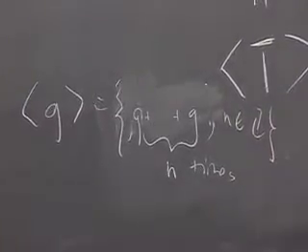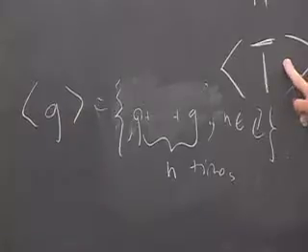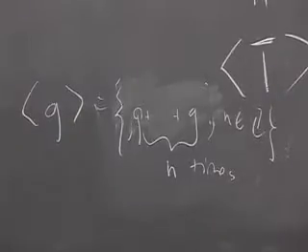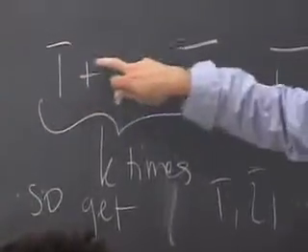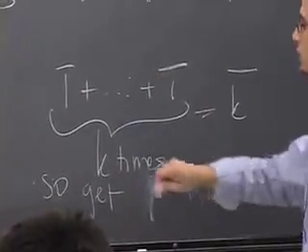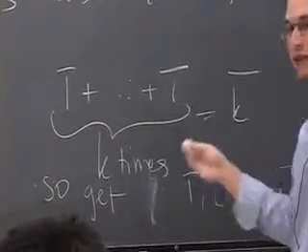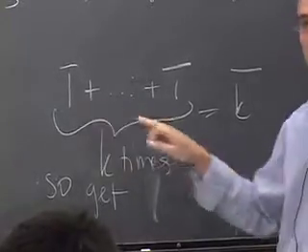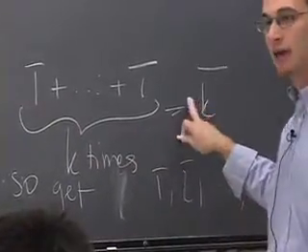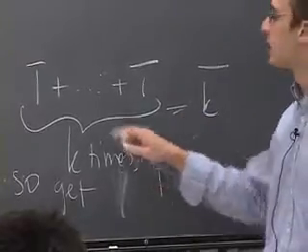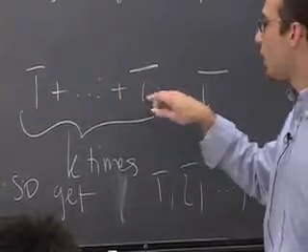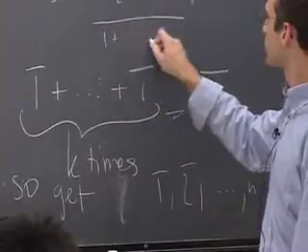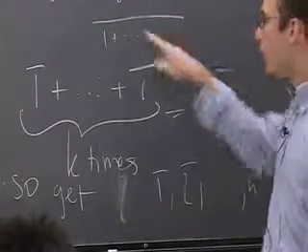In particular, the cyclic subgroup generated by 1 bar contains 1 bar, 1 bar plus 1 bar, 1 bar plus 1 bar plus 1 bar. So it certainly contains 1 bar added to itself k times. If I add 1 bar to itself k times, then I get k bar because of associativity. 1 bar plus dot dot dot plus 1 bar looks like k times 1, all bar.